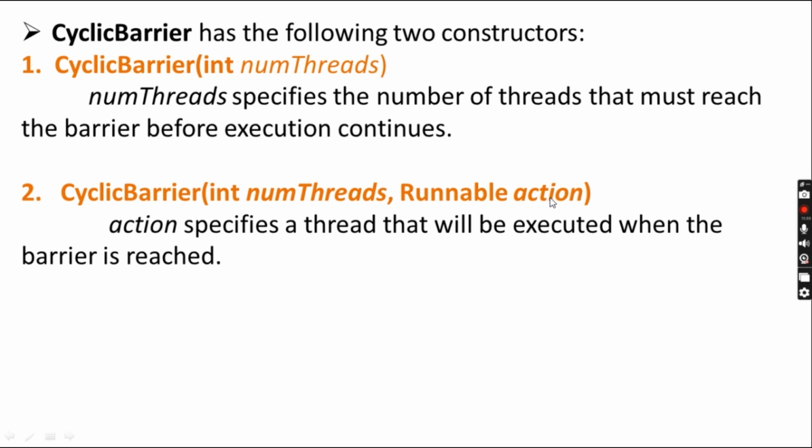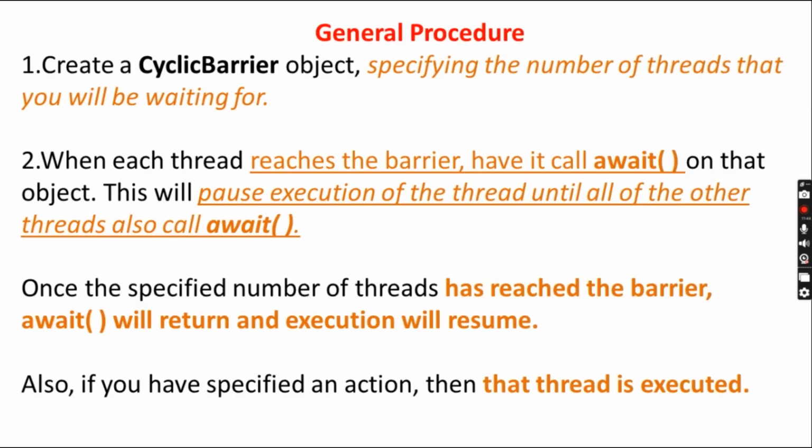So specifically here in the second case, we are giving the actual thread that will be executed when the barrier is reached.